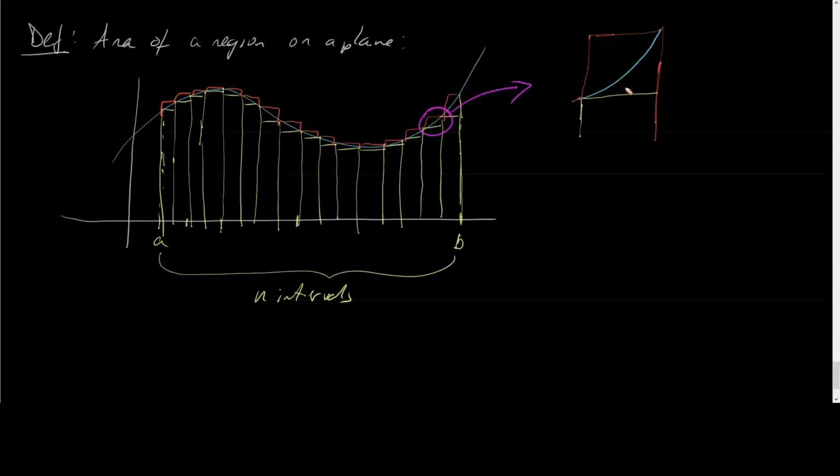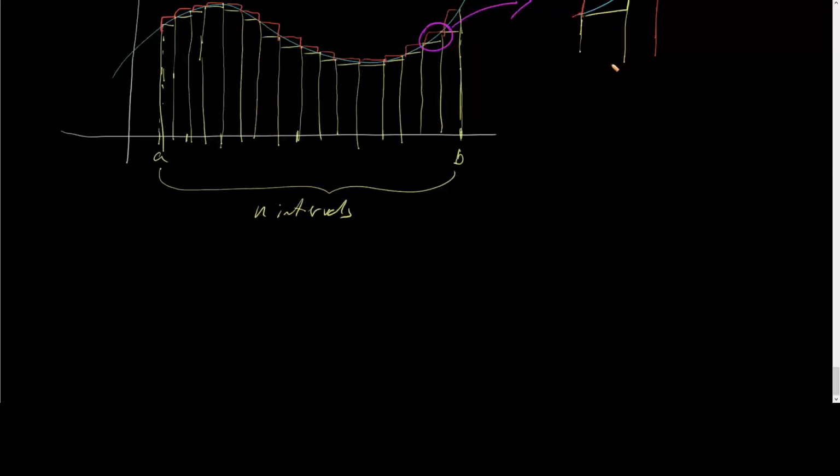Let's say I split it up in half, well, then this would give me the upper estimate, and this would give me the lower estimates, the rectangles associated there. But notice that those values on the top and bottom became closer. And if I split it up again, we're going to get even closer and closer, to the point that the true area is somewhere in between the upper estimate and the lower estimate.